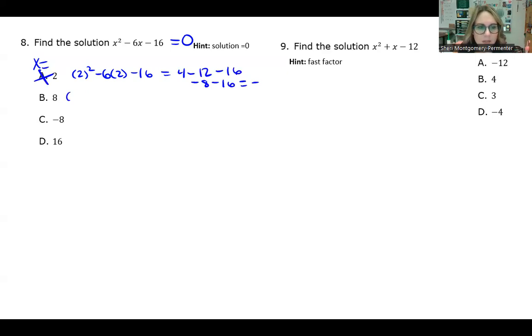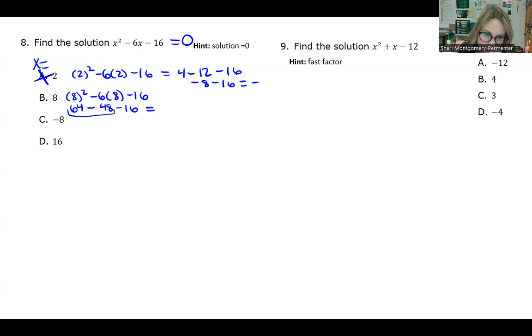So the next one, I'm going to plug in an 8. So 8 times 8 is 64. Minus, what's 6 times 8? 48. All right, we've got 64 minus 48. What is that? Type it in if you're not sure.